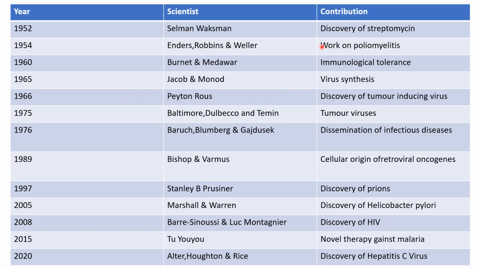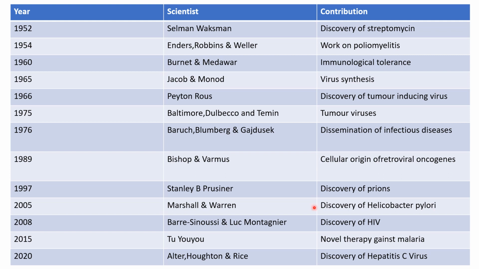People who worked on chemotherapeutic agents, on viruses, on immunology, on tumor immunology and tumor viruses, and a person who discovered prions, a new type of infectious agent, Stanley B. Prusiner, also was awarded this highest honor.